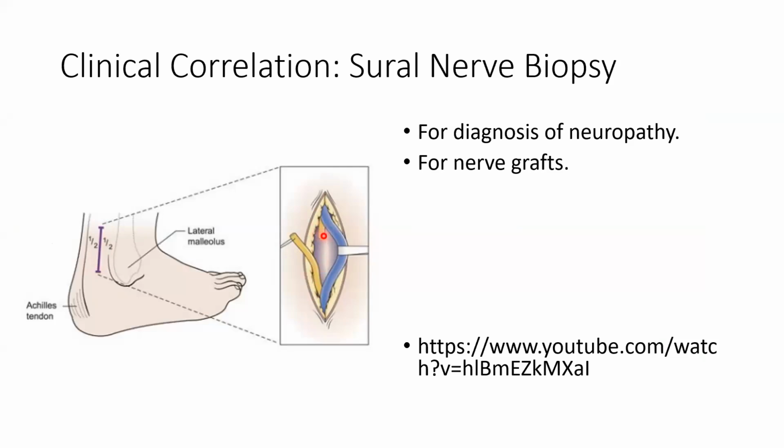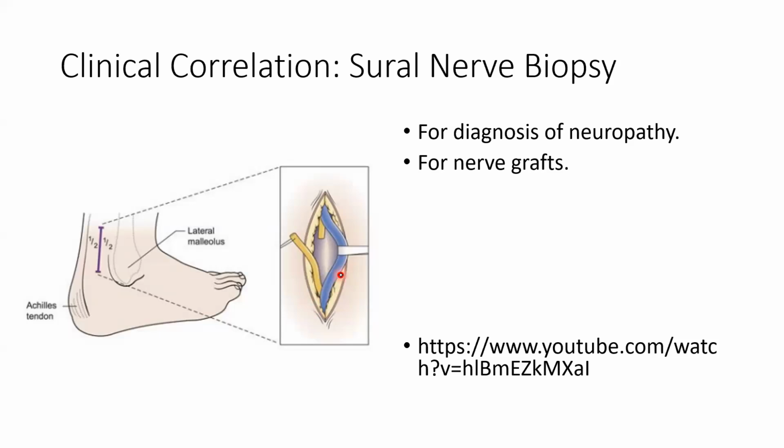So here you have the small saphenous vein, and here you have the sural nerve. It can be accessed in this area behind the lateral malleolus, and this nerve biopsy is just taking the nerve out for testing.